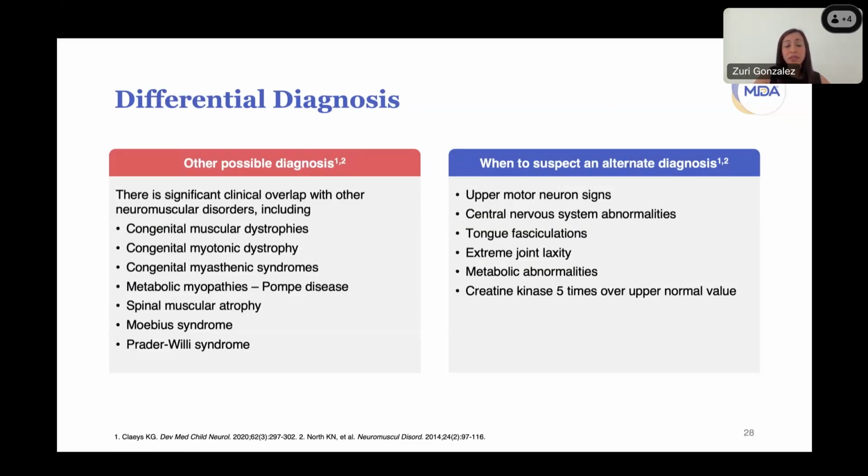And again, very important to highlight that if you see any of these signs or features, you should suspect an alternate diagnosis, such as upper motor neuron signs, CNS abnormalities, tongue fasciculations, think, among other things, SMA, extreme joint laxity, metabolic abnormalities, and if the CK is highly elevated.